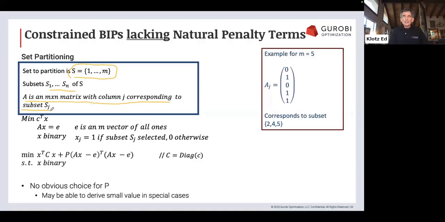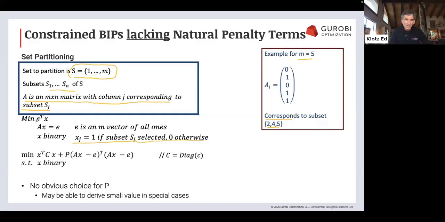In terms of the column entries, here's an example. If m is 5 and the column associated with subset J has ones in positions 2, 4, and 5, zeros elsewhere, that corresponds to subset 2, 4, 5. So our set partitioning problem then involves a collection of binary variables that we want set to 1 if subset J is selected, 0 otherwise.